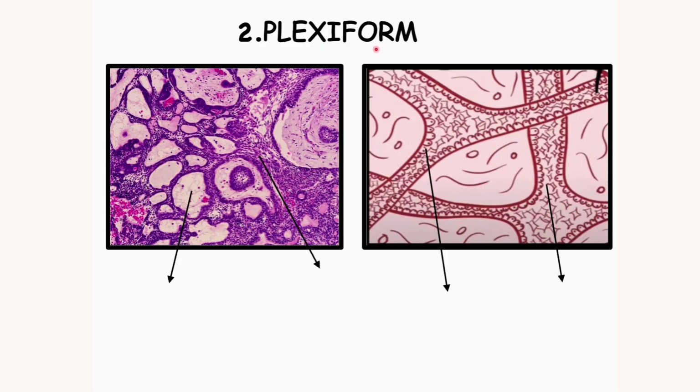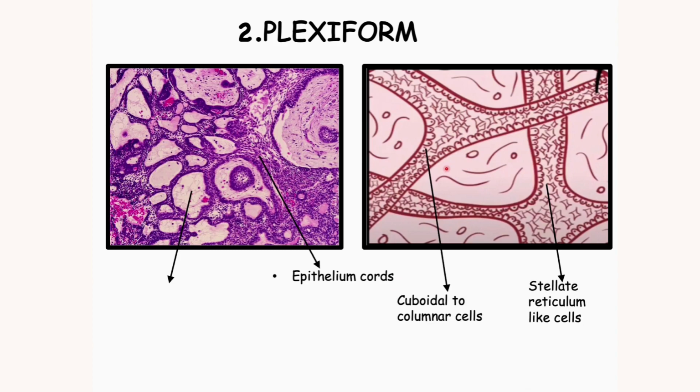The second most common type of ameloblastoma is the plexiform type. As the name suggests, here the epithelial component is arranged in the form of anastomosing cords. These anastomosing epithelial cords are lined by cuboidal to columnar cells, as you can find in this picture. These epithelial cords contain stellate reticulum-like cells inside.